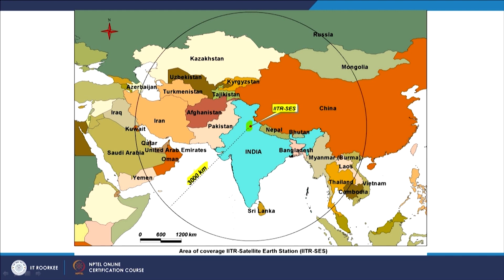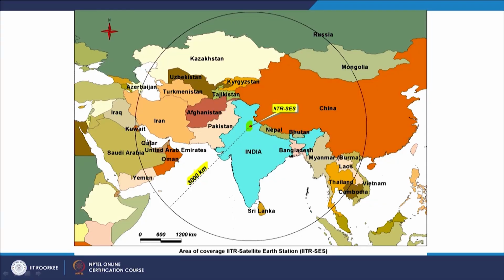This is nothing but the footprint, the base of a cone, whose apex is at the satellite, say 850 kilometer up. So, if you project this 3,000 kilometer radius circle in space at 850 kilometer, then if any NOAA series satellite is coming within that circle, our earth station can acquire the data.